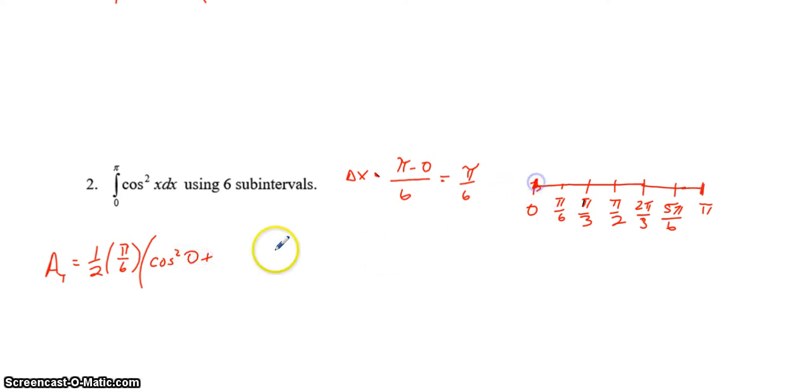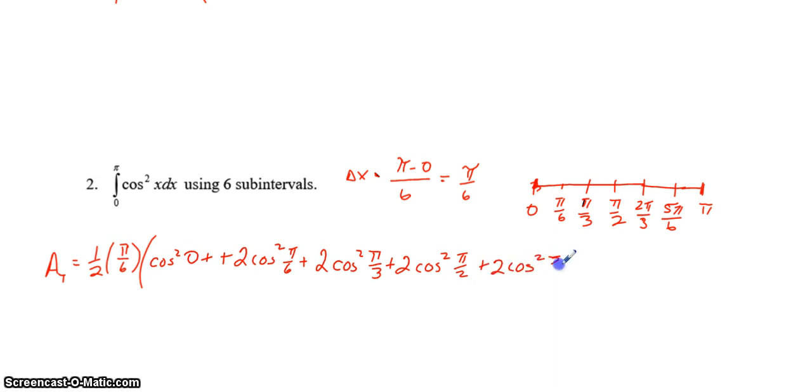The end is used once. 2 cosine squared of pi over 6. 2 cosine squared of pi over 3 plus 2 cosine squared of pi over 2. 2 cosine squared of 2 pi over 3 plus 2 cosine squared of 5 pi over 6, and finally cosine squared of pi.